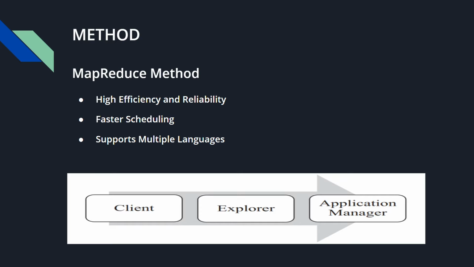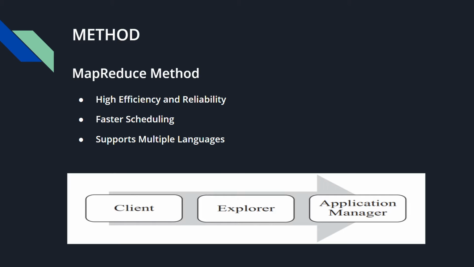So MapReduce first supports high efficiency and reliability, as the MapReduce programming model can run the calculation process of metal exploration in the computer so as to improve the work efficiency of metal exploration. It also provides faster scheduling.